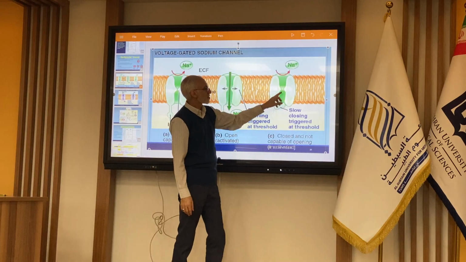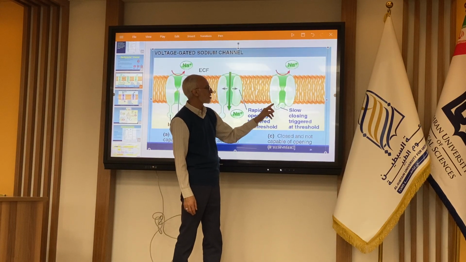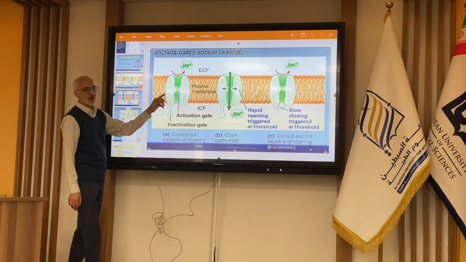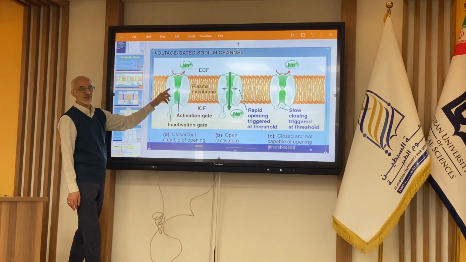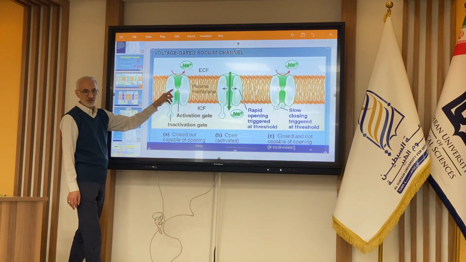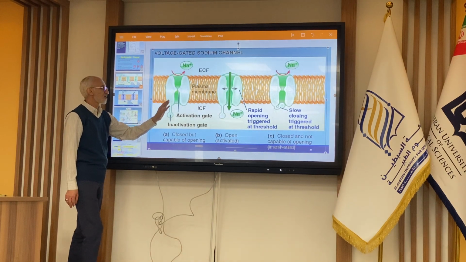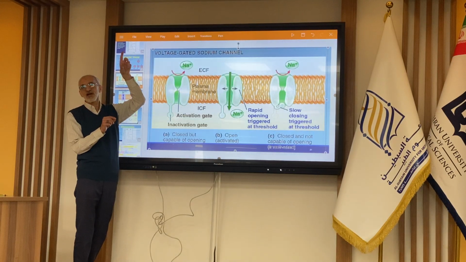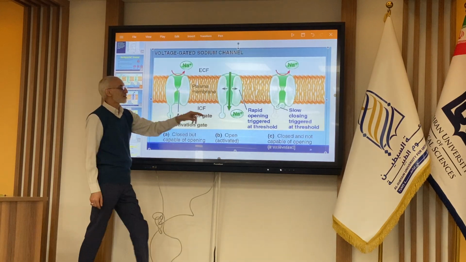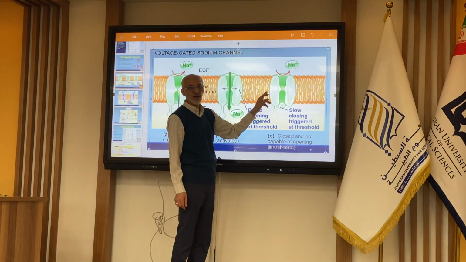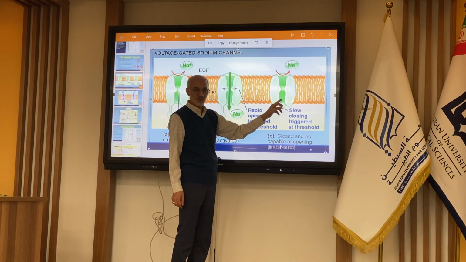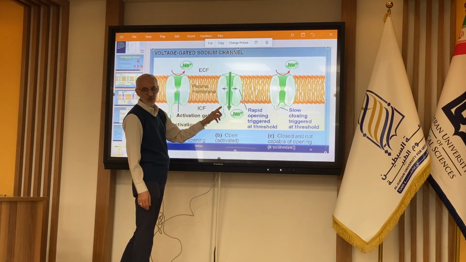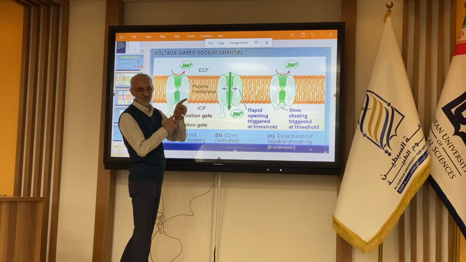Here, the channel is closed by the inactivation gate. Here, the channel is closed by the activation gate. In the resting state, the channel is closed by the activation gate. At the peak of the action potential, the channel is also closed, but by the inactivation gate. Between them, the channel is open during depolarization.